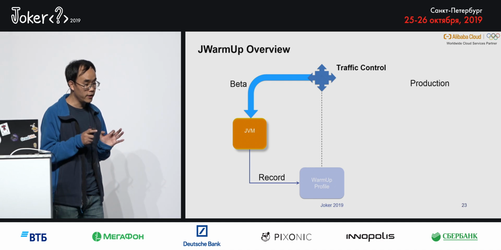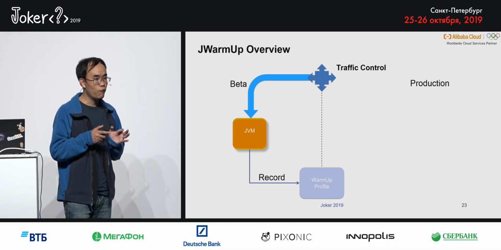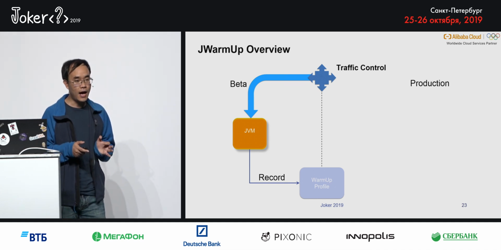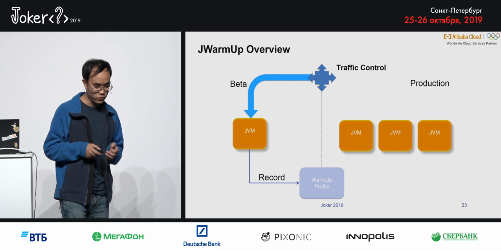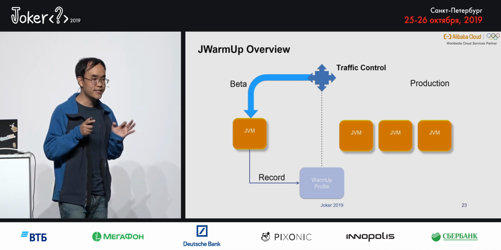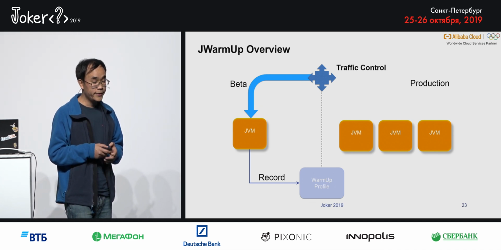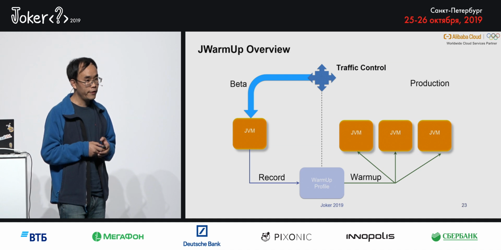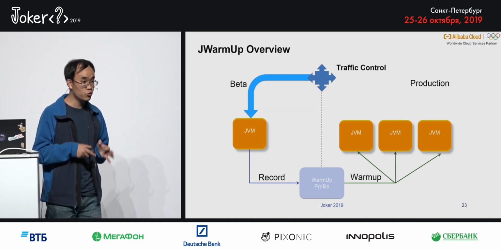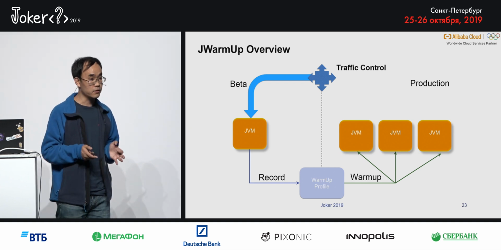After that, if our application owner verifies everything works as expected, they can deploy the same application version into the production environment. In this phase, the warm-up profile will be distributed and reused for all subsequent JVM instances.